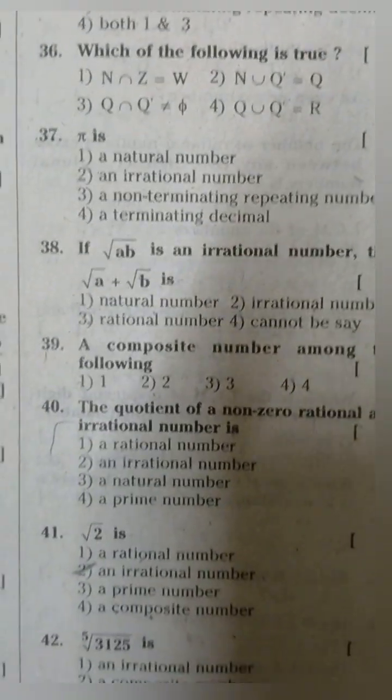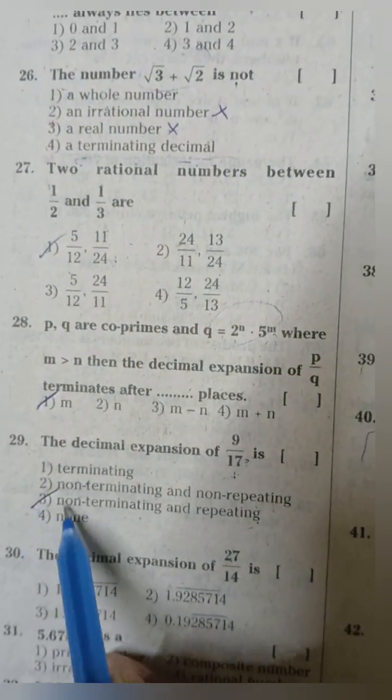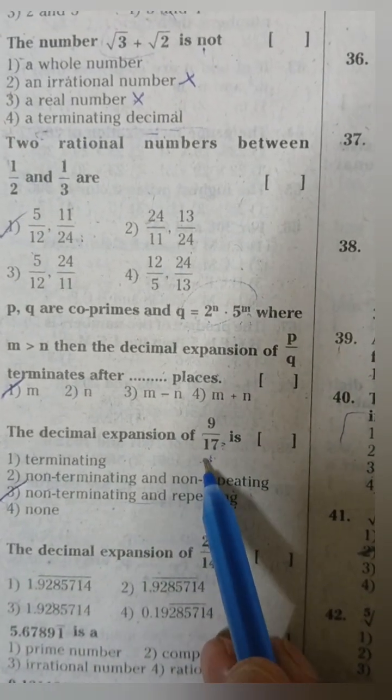If it is non-terminating, non-repeating, then it comes under irrational. So this will be definitely non-terminating and repeating. You can do division and see whether it is repeating or not.